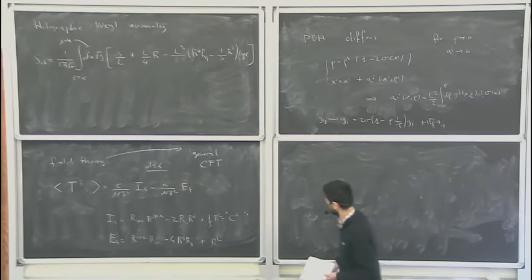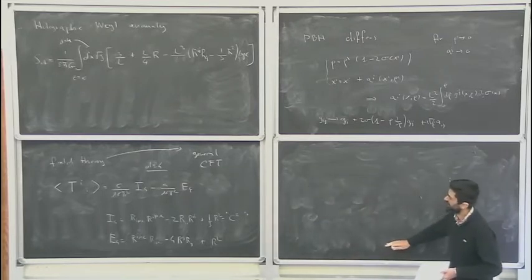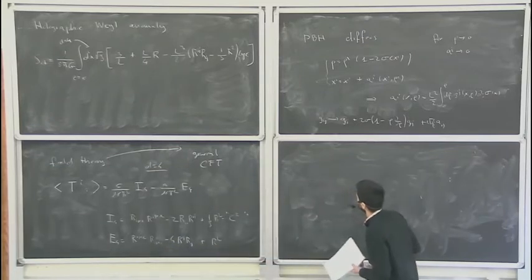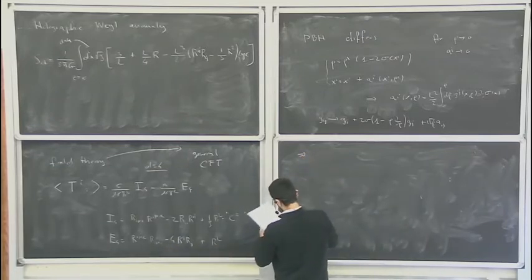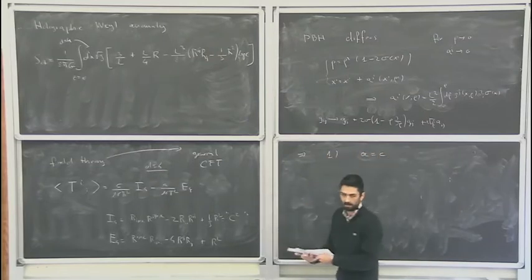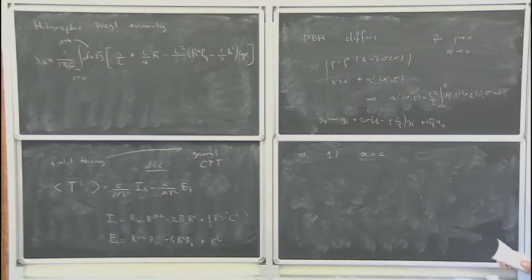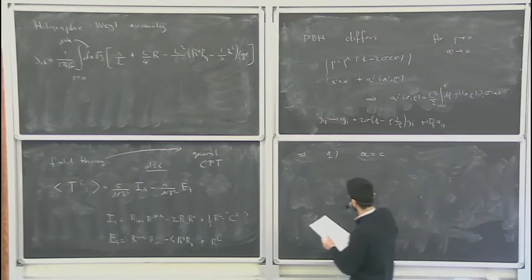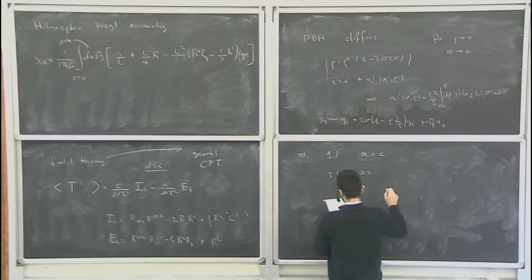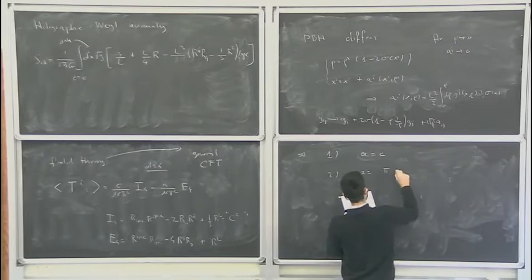So if we compare the derivation of the anomaly here with this general expression here, then we learn two things. We learn that A is equal to C, and also we learn another fact. We learn that A, which is equal to C, is equal to pi L cubed divided by 8G.